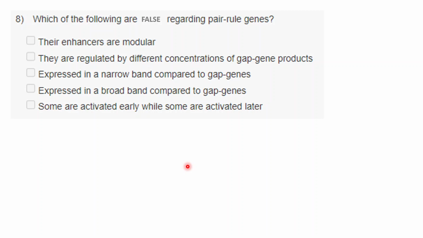Expressed in a narrow band compared to gap genes. Expressed in a broad band compared to gap genes. Some are activated early while some are activated later. So these are all the statements. Go through them and tell me which of these statements is a false statement regarding pair rule genes.